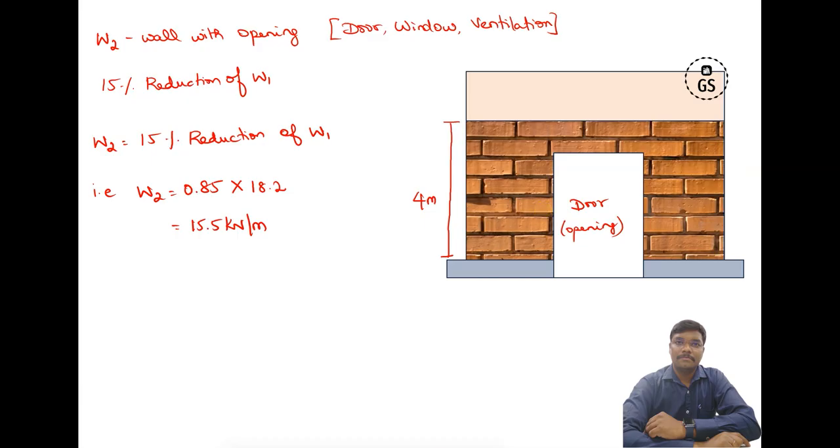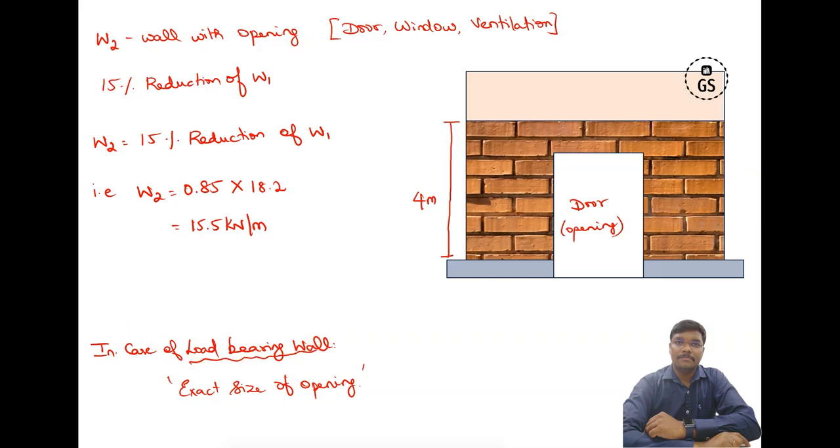In case of load bearing wall, then we need to calculate the exact size of openings, then we need to deduct the values. So in such case, we need to calculate the size of opening, then deduct the weight of that exact opening only in the case of load bearing wall.